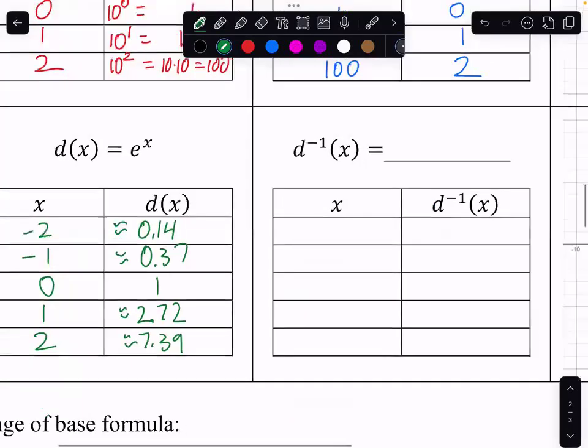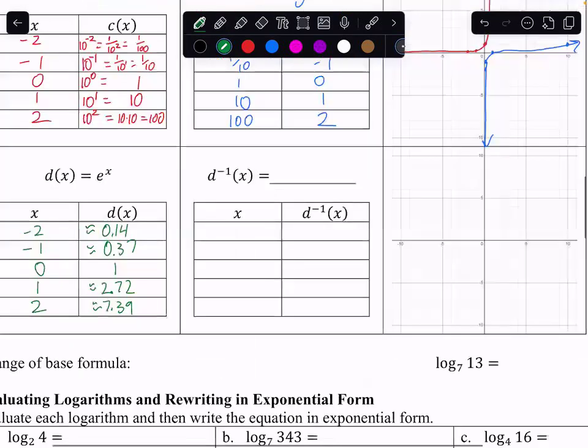Okay, so let's go ahead and plot those points as well as we can. -2, 0.14; -1, 0.37; 0, 1; 1, 2.72; 2, 7.39.